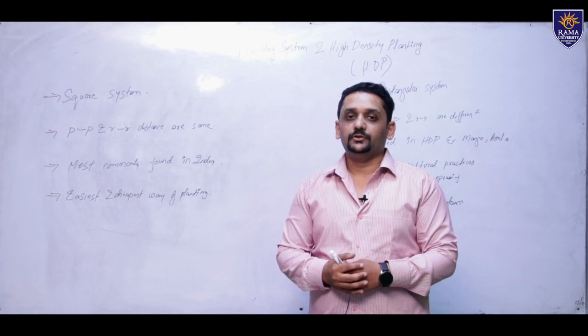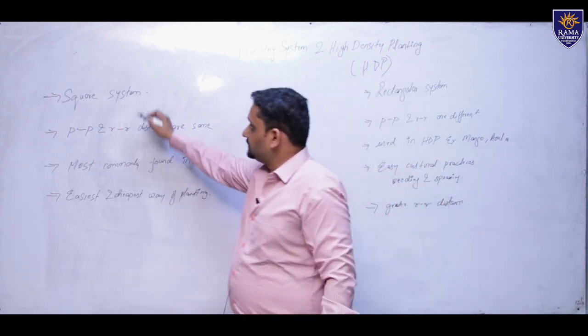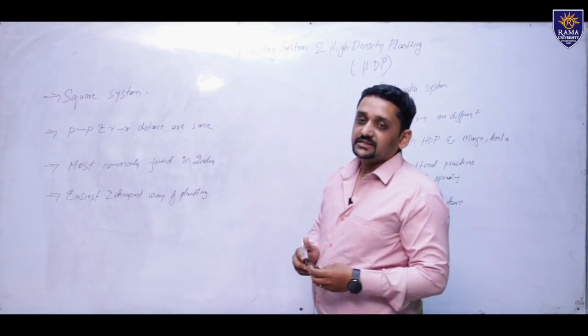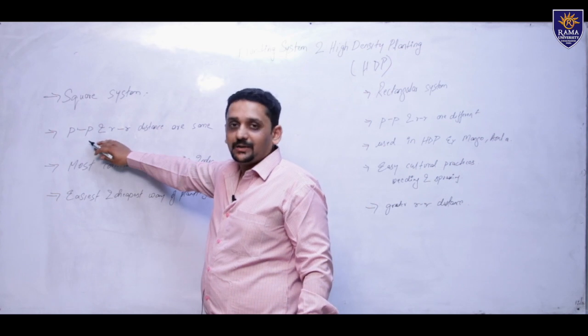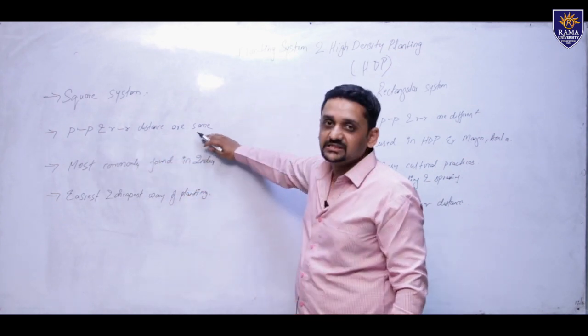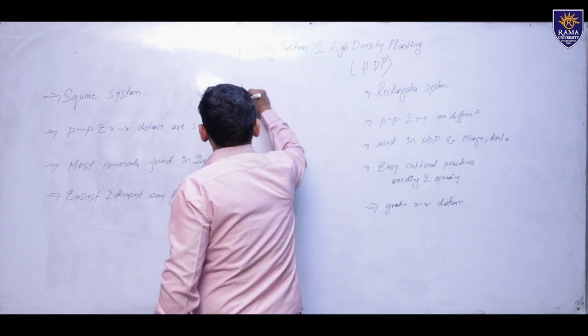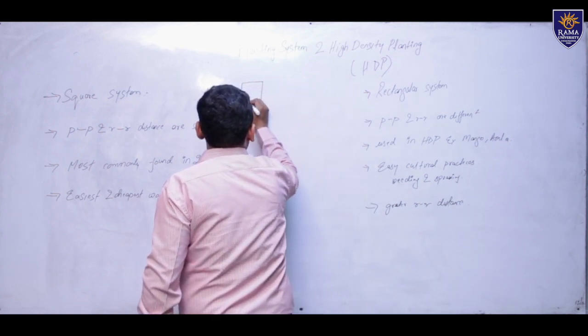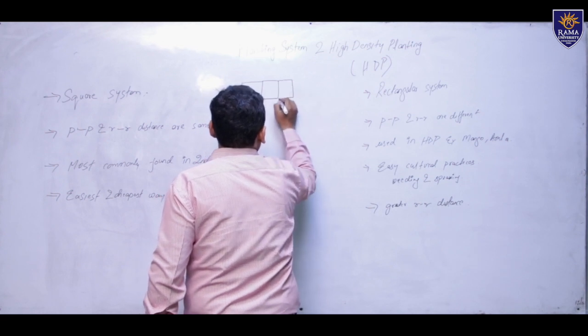Now coming back to the first planting system, that is the square system. In the square system of planting, the plant to plant distance and the row to row distance are the same. Just to take an example, this is the area of your field.